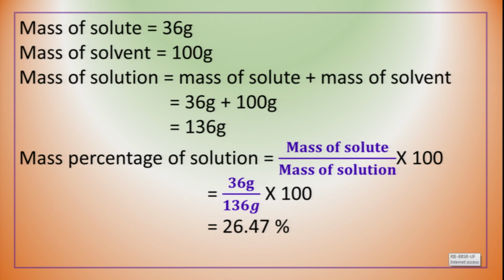Mass of solute divided by mass of solution multiplied by 100. Substituting the values, 36 divided by 136 multiplied by 100 gives us 26.47%. That means the concentration of the solution is 26.47%. So dear students, that's all about a true solution and its classification.